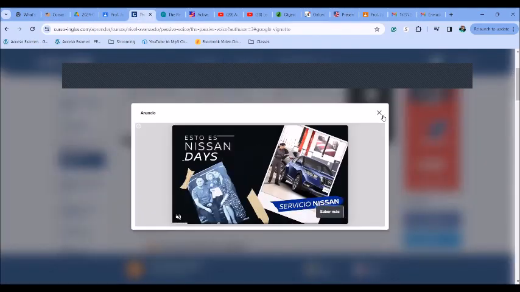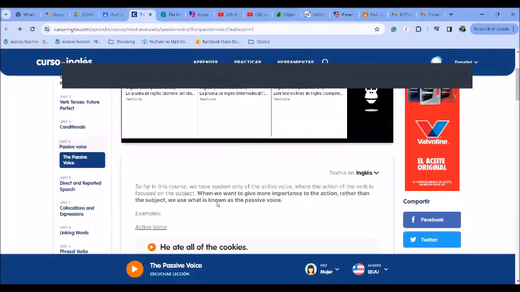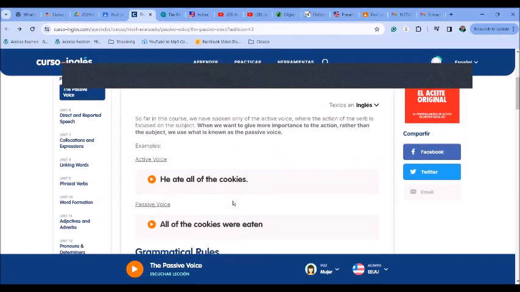Now, structure-wise, when you look at the passive voice, you're saying that the focus of your sentence is not the person, but the action.